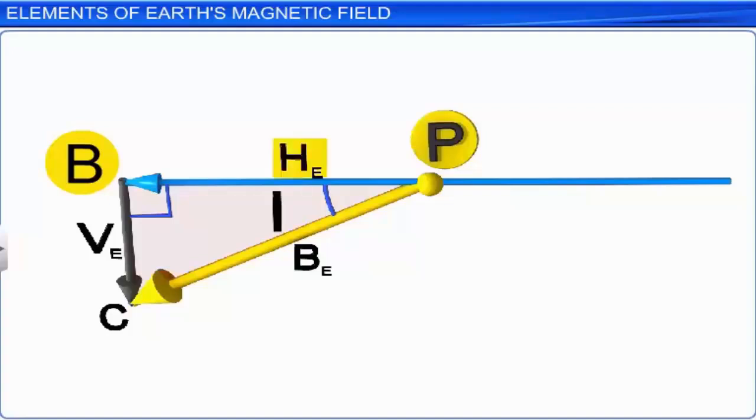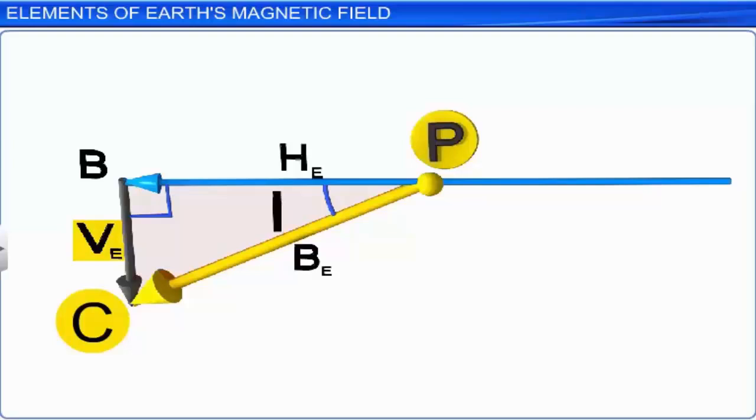Draw a line BC perpendicular to the line PB with an arrowhead at C. Line BC represents the vertical component VE of the Earth's magnetic field. On the line PC, put an arrowhead at C. Line PC represents the total magnetic field BE of the Earth at the point P.